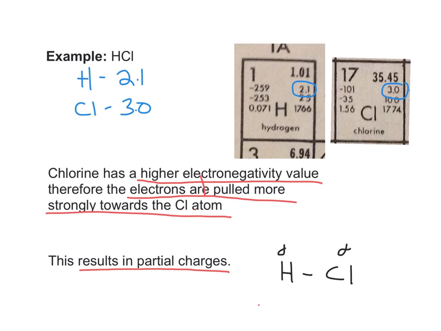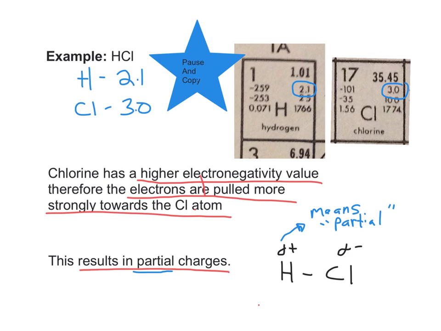So hydrogen gets our symbol and a positive sign, and chlorine gets our symbol and a negative sign. And if you need to make yourself a little note, you can say that it means partial. So partial is shown in blue. Okay, so make sure you've got this down before I move on.